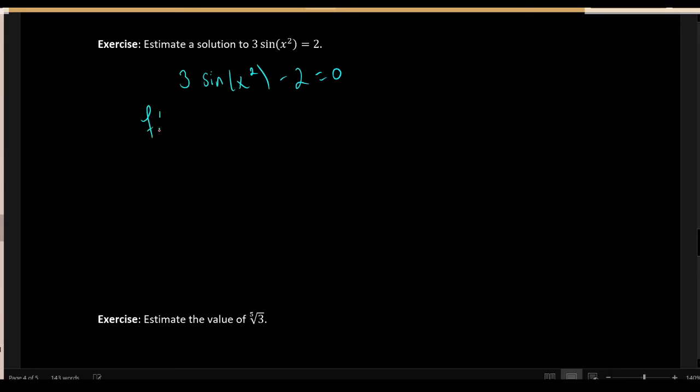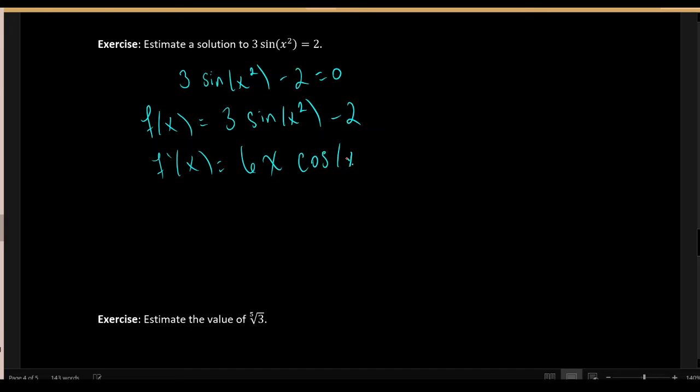Now I can see that the function I'm working with is 3 sine x squared minus 2, whose derivative is given by 6x, 3 times 2x, cosine of x squared. Now that I've got the equation in the right format, I've identified the function and found its derivative using the chain rule, it's time to apply Newton's method.